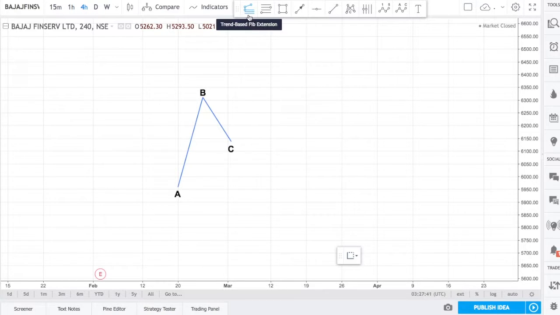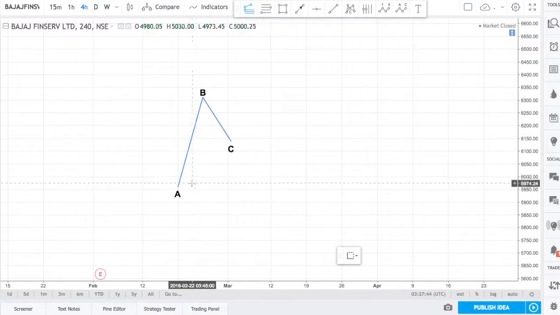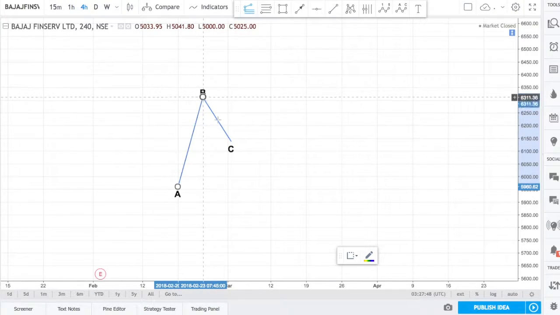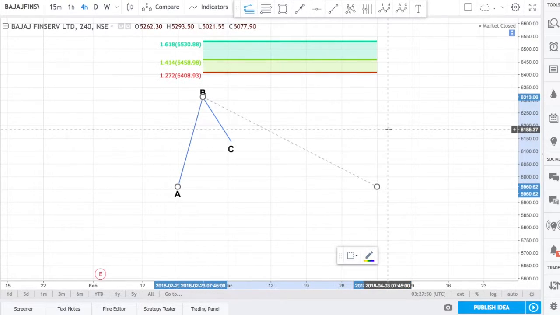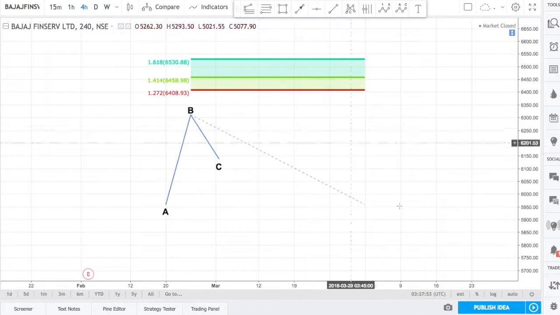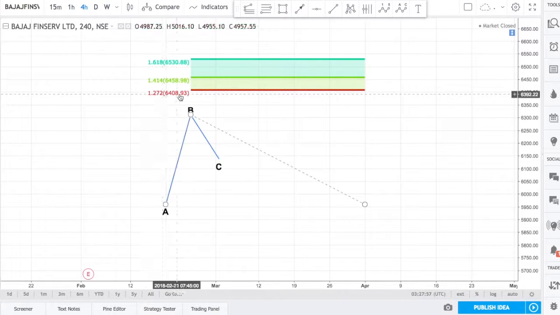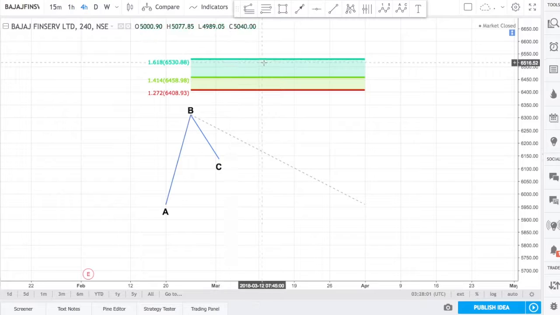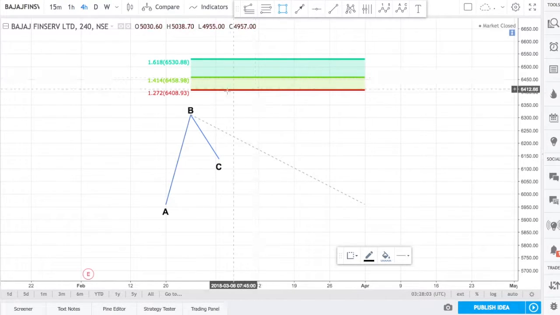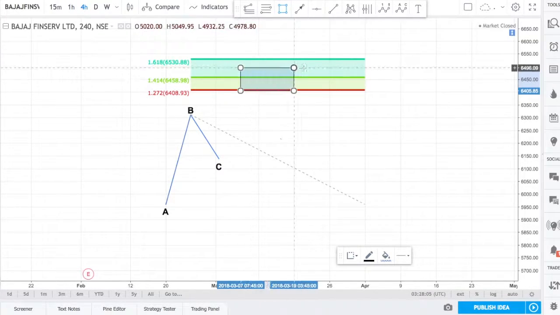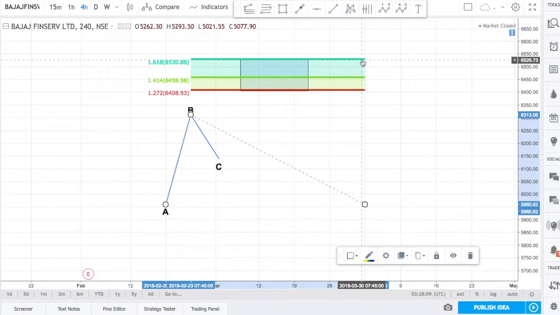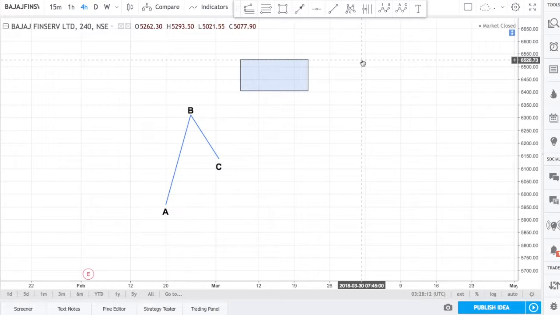So this is our Fibonacci extension tool, from A to B, back to A. As you can see here, this is the 1.27 level and this is the 1.618 level. So this is our possible zone.